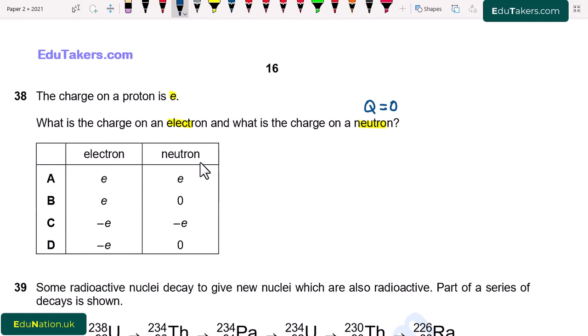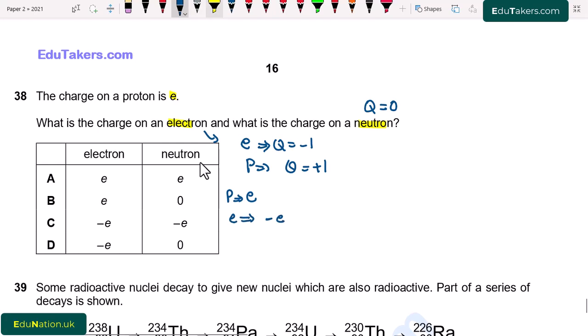So I write here charge of electron is -1 because the proton has charge +1. So in this case, if the charge on the proton is E, then the charge on electron will be equal to -E.